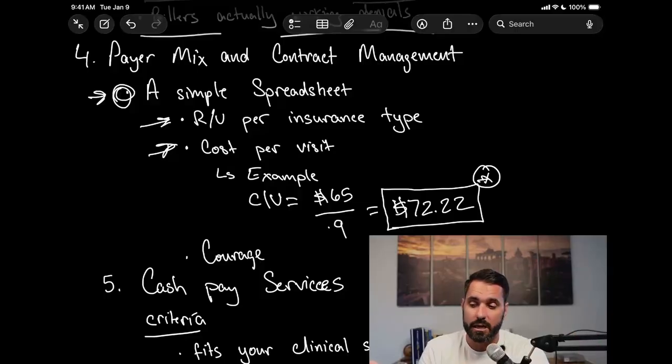You want to add up total expenses. It's usually going to be the second to last line item on the profit and loss statement. Look at payroll, utilities, everything that came out of the account, and divide that by the total number of visits that you completed in that same time frame. That's going to show you your average cost per visit. Essentially, when somebody comes into your practice and you deliver care, what does that cost you?